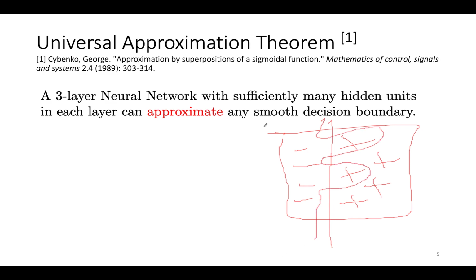There are so many definitions for that, but as a very simplified version, just accept this as a smooth decision boundary as a hypersurface. If we go to higher dimensions, we're going to have a hypersurface that partitions the underlying vector space into two sets in the binary case.